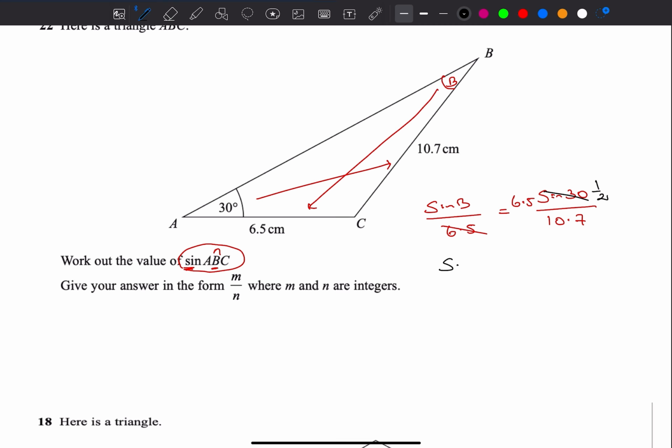So sine angle B is equal to, just plug it through a calculator at this point, isn't it? Times by 0.5, 65 over 214. So that's assuming this is 65 over 107. If you times it by a half, you times the denominator by 2. So yeah, just do it with the calculator.